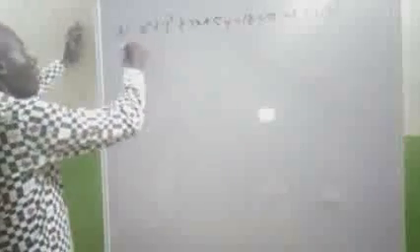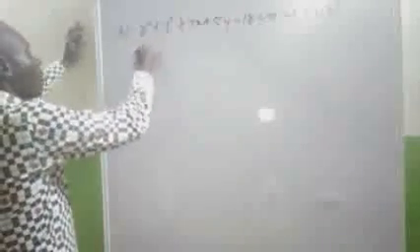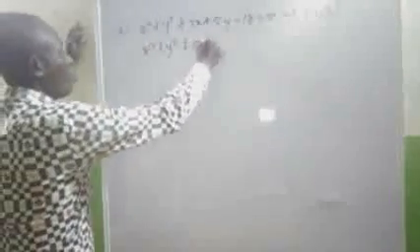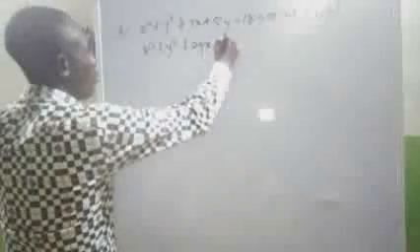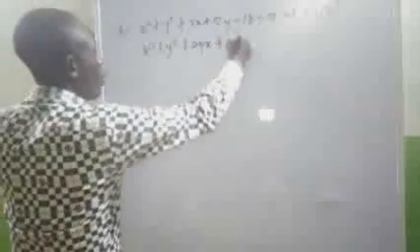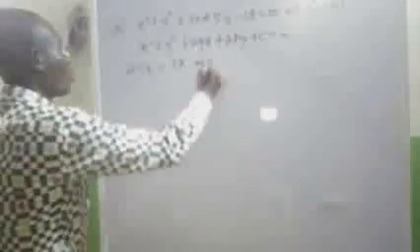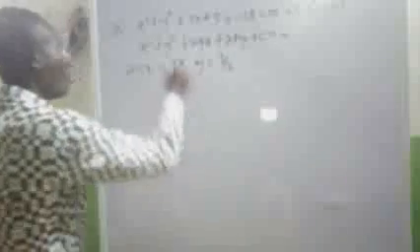So if I compare with x squared plus y squared plus 2gx plus 2fy plus c equals to 0, my 2gx is equal to 3x, and g will be equal to 3 over 2. I hope you know x will cancel x, then 2 will go to the other side to the 3.